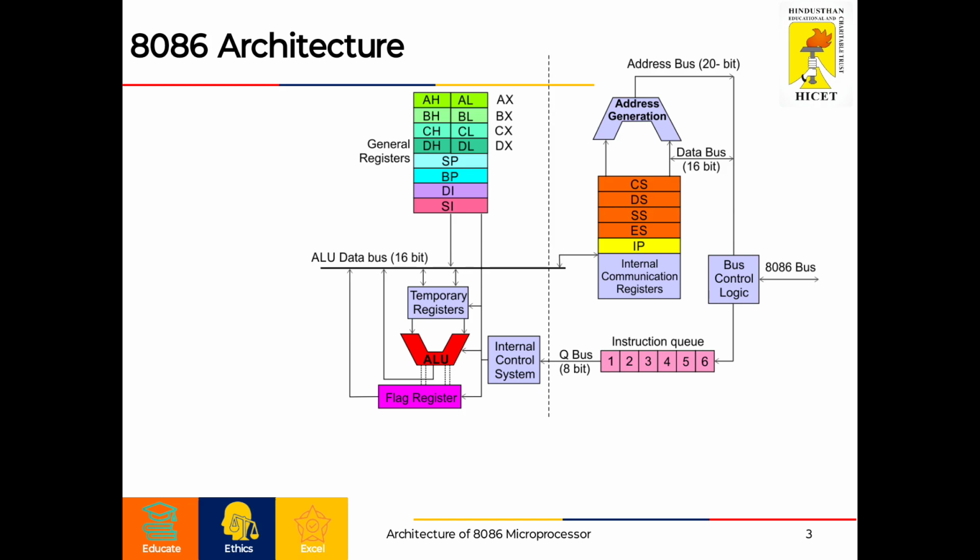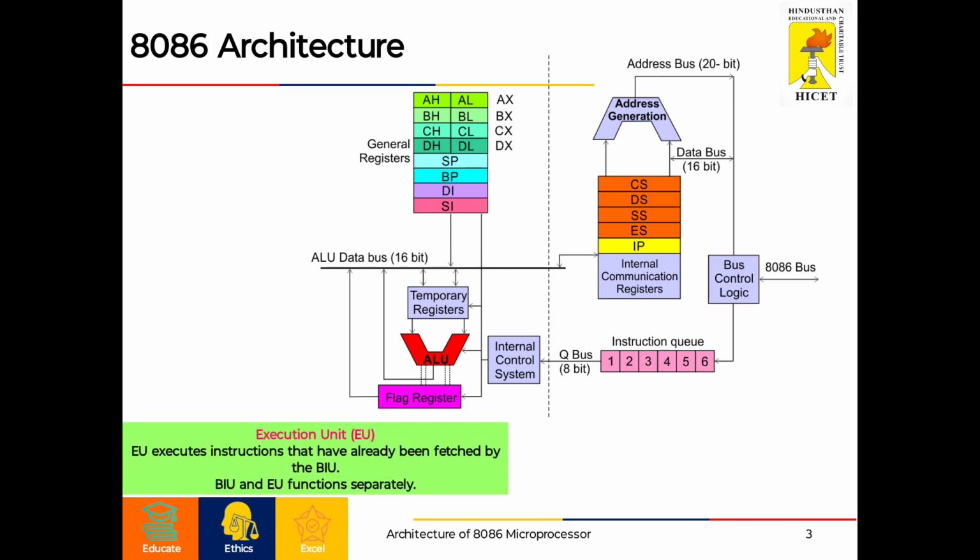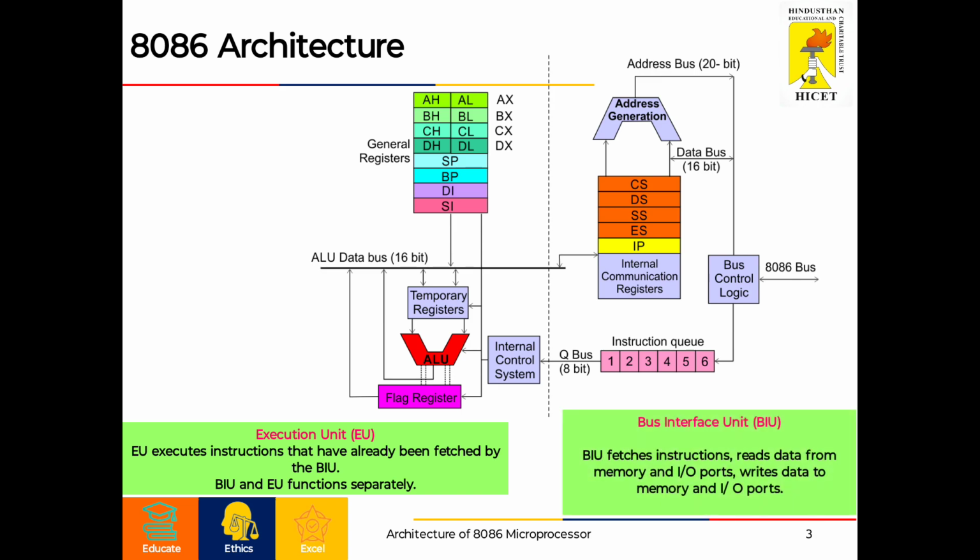The main functional units of 8086 microprocessor are the bus interface unit and the execution unit. Here is the bus interface unit, and this is the execution unit. The bus interface unit fetches the instruction, reads the data from the memory and IO ports, and writes the data to the memory and IO ports.